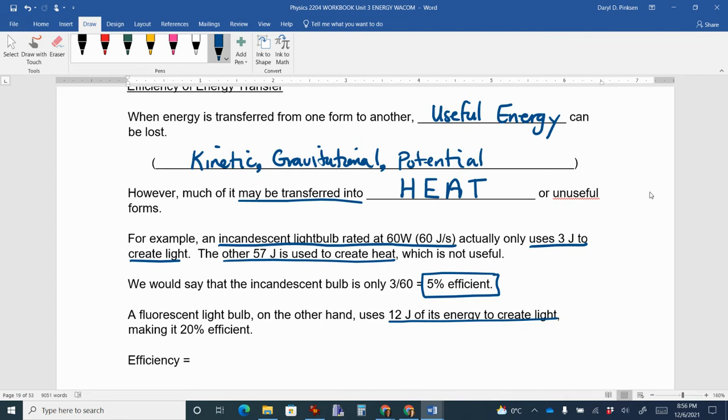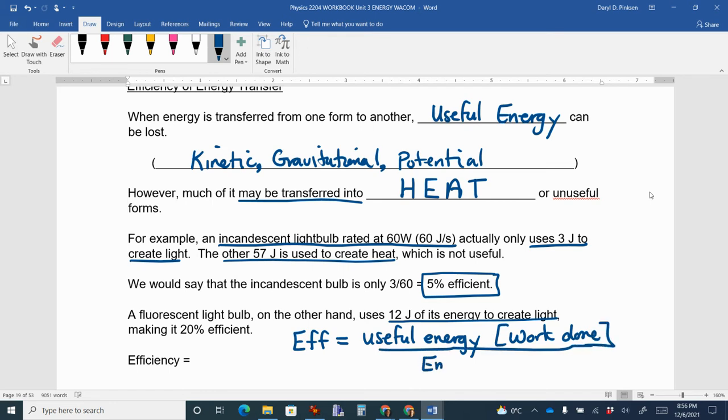And so here, your efficiency would be the useful energy or the work done, like what you actually wanted it to do, divided by the energy input, like how much energy you actually had to put out to get that work done.